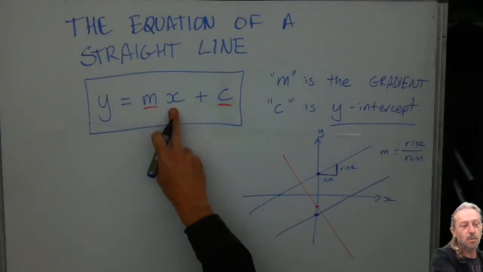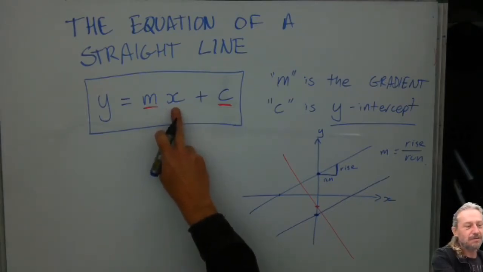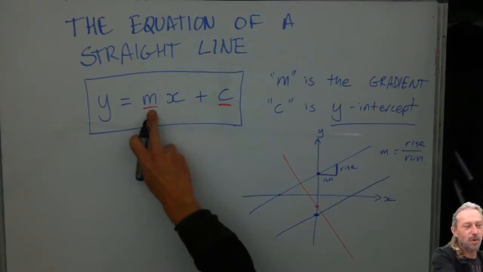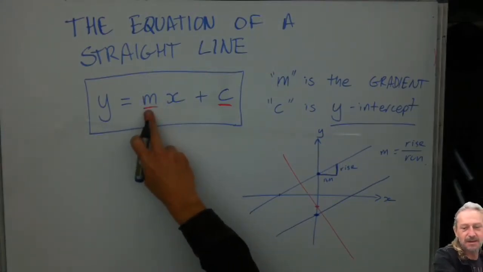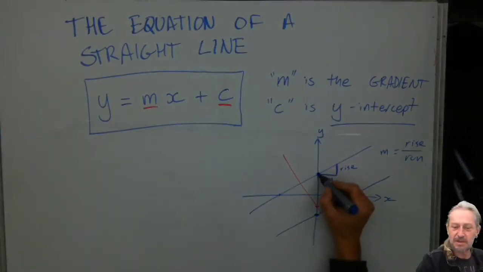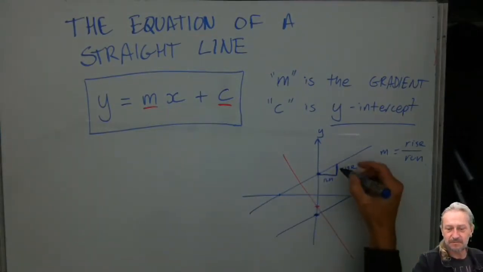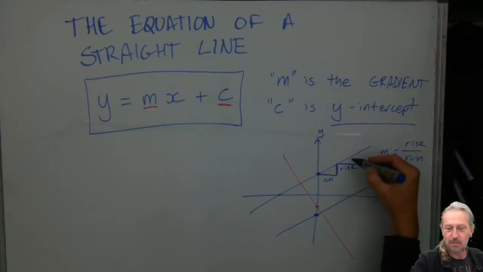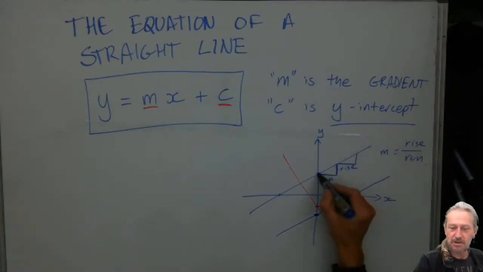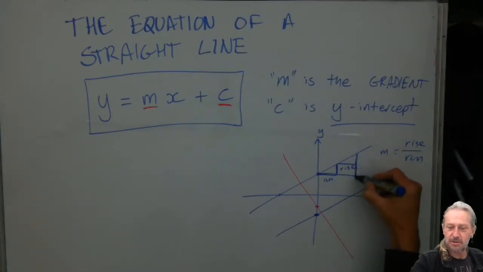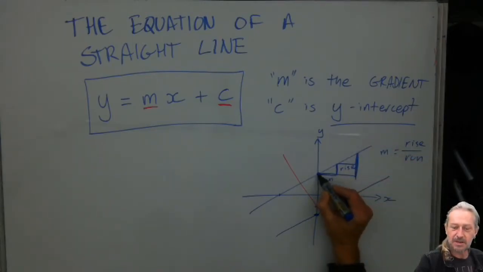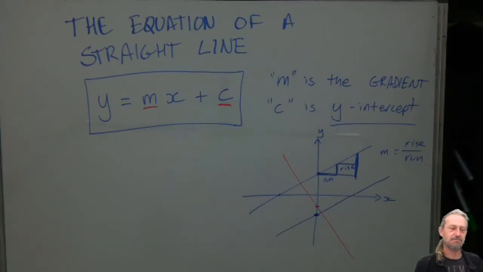So if x is 1, we'd have y being one lot of this plus the point that we started at. One more, so that would be 2 lots of x, we go up 2 lots of the slope plus that point that we started with.